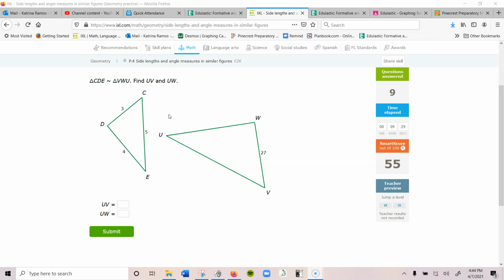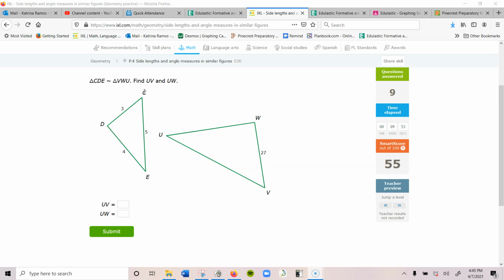Okay, let's do this last one here. We want to find UV and UW. So here we have this triangle and we have VW. By looking at the similarity statement, VW corresponds with CD. To get from 3 to 27, we had to have multiplied by 9.